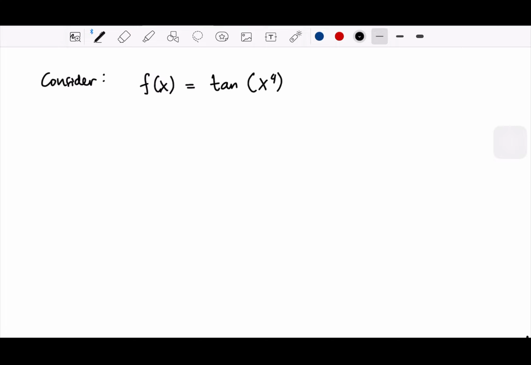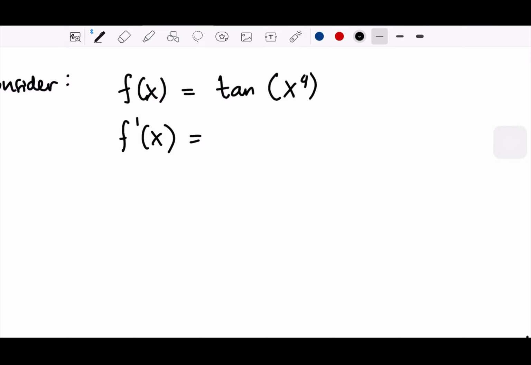I hope you still remember how to take the derivative. What will be the derivative? Yes, secant squared of x to the power of 4, and don't forget to derive the inside by the chain rule, which becomes 4x cubed. So we have secant squared of x to the power of 4, multiplied by 4x cubed.